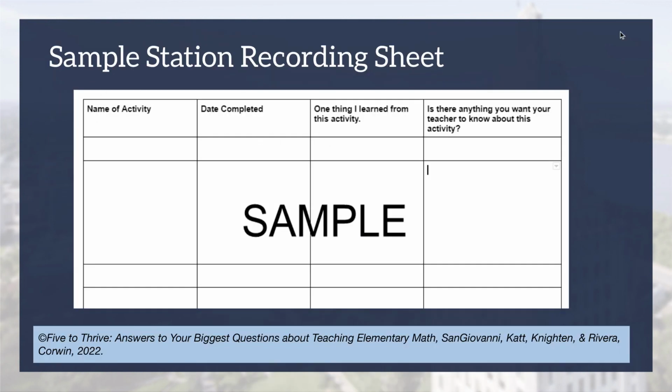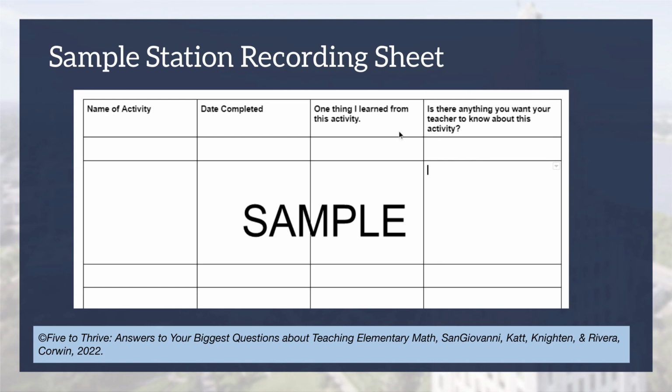Then you have the sample station recording sheet, which is super informative, where you can name the activities and date completed. One thing I learned from this activity: is there anything you want your teacher to know about this activity? And you can even take these questions a step further. If I know that my students are working on certain standards, I can base my questions on what they're learning.